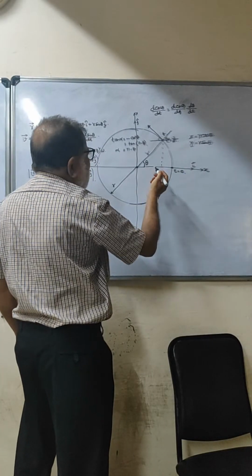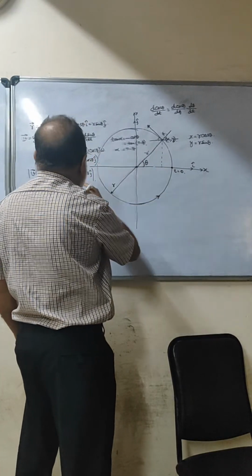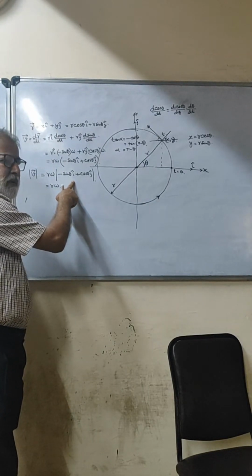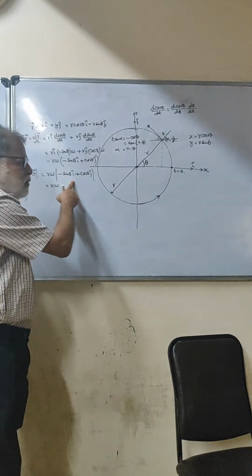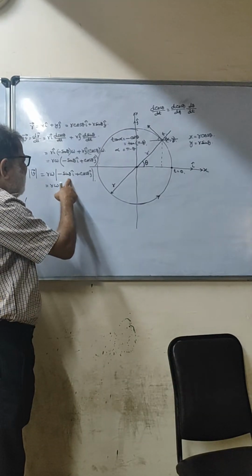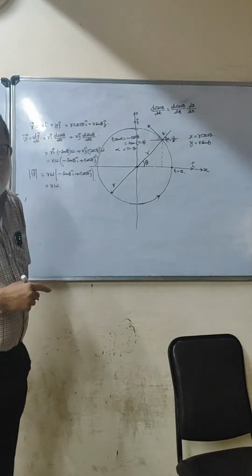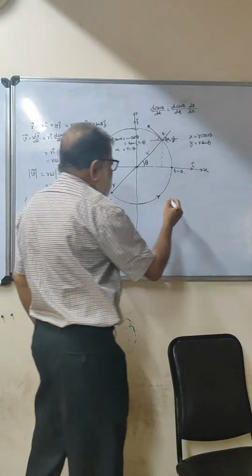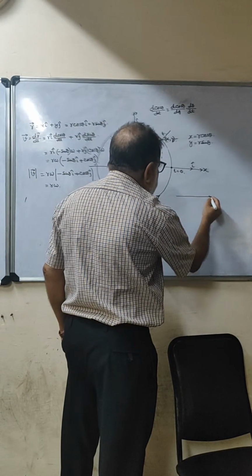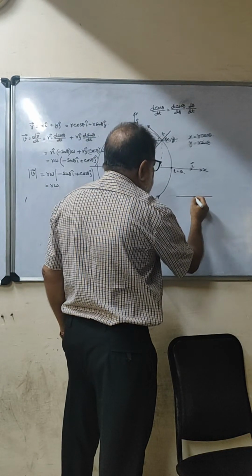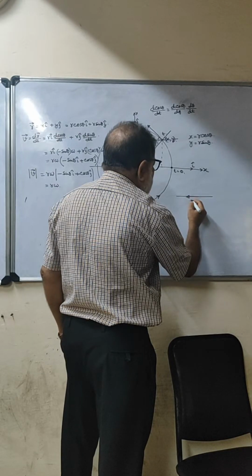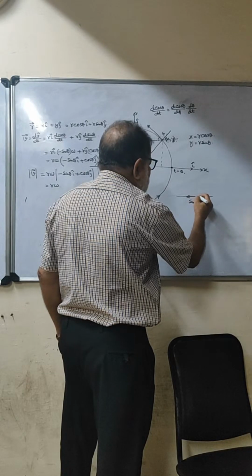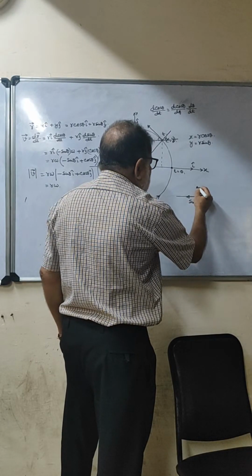Otherwise also you can say that this is a vector of magnitude 1, whose x component is minus sin theta, y component is cos theta, isn't it? So if I want to draw it separately, x component is minus sin theta, that is sin theta in minus x axis direction, and this is cos theta.